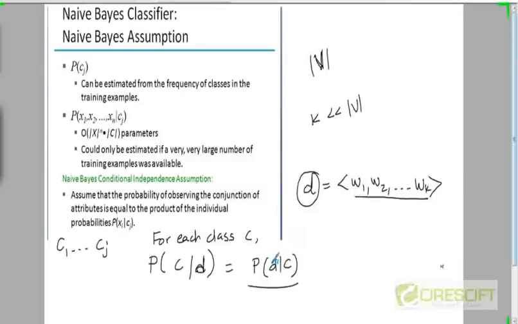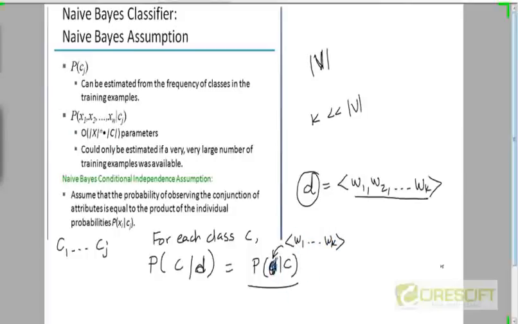Actually, maybe I should denote it as, think of replacing this D with this particular vector.